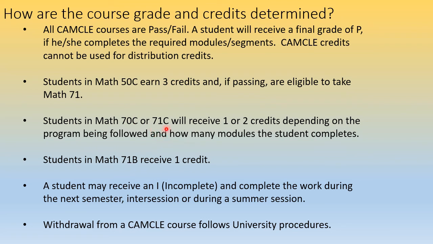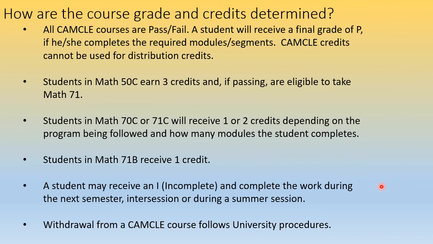Students in 70C or 71C will receive 1 or 2 credits, usually determined at the start of the program, depending upon the program you follow. Students in Math 71B receive 1 credit.